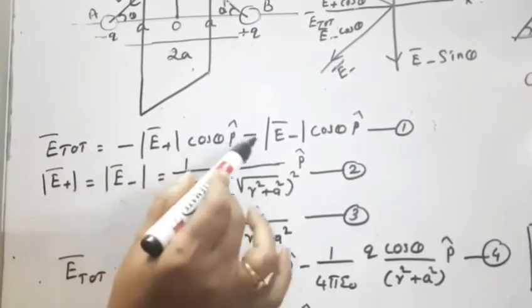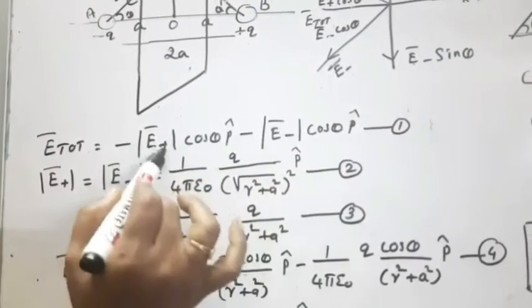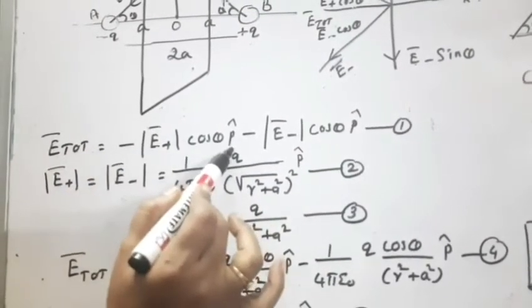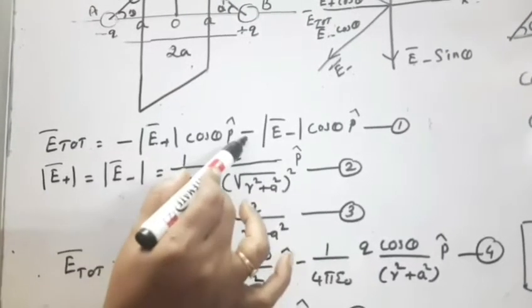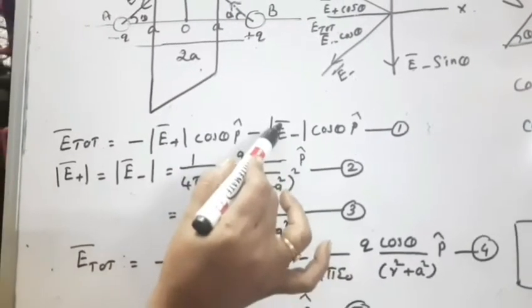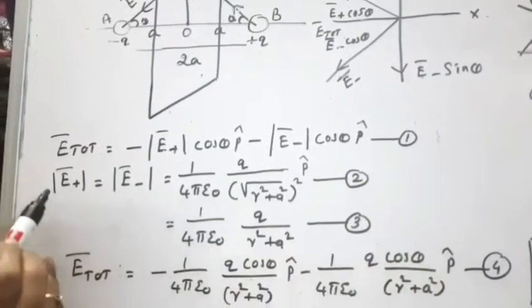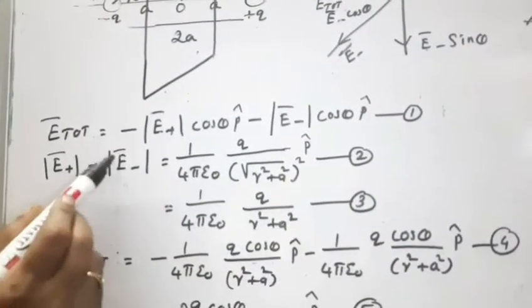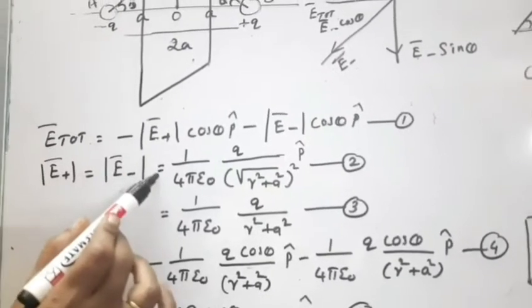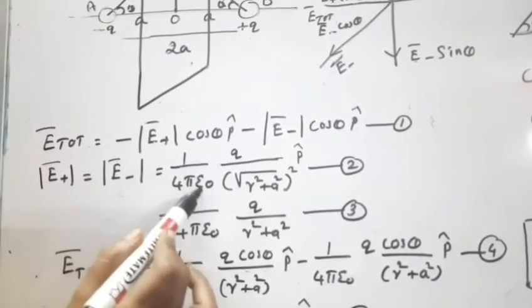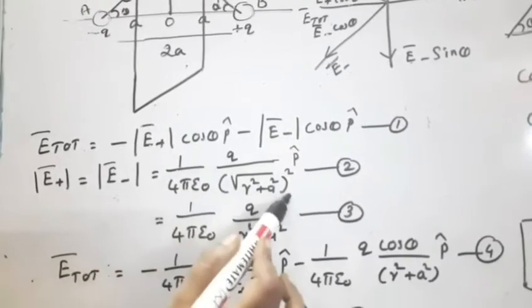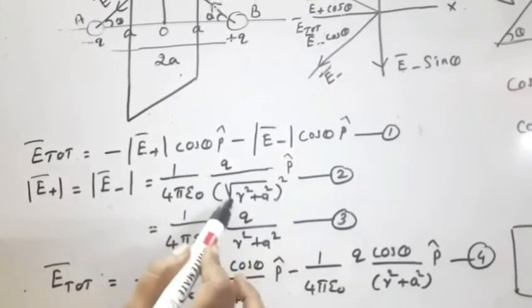Then modulus of E plus bar cos theta p cap minus E minus bar cos theta p cap. And next, E plus bar is equal to E minus bar. Both the values are 1 by 4 pi epsilon naught q divided by the r square value we have to take.